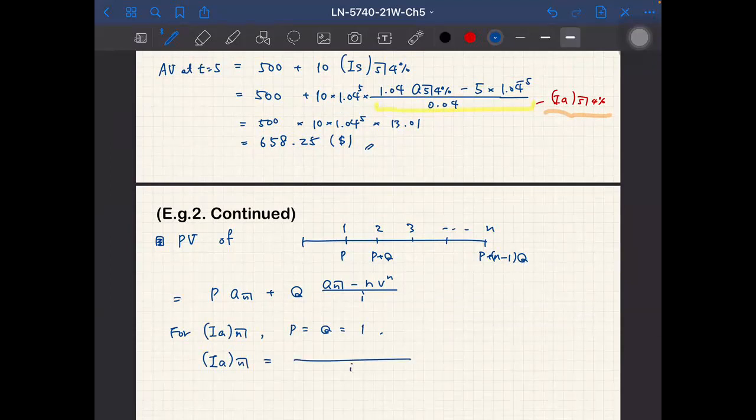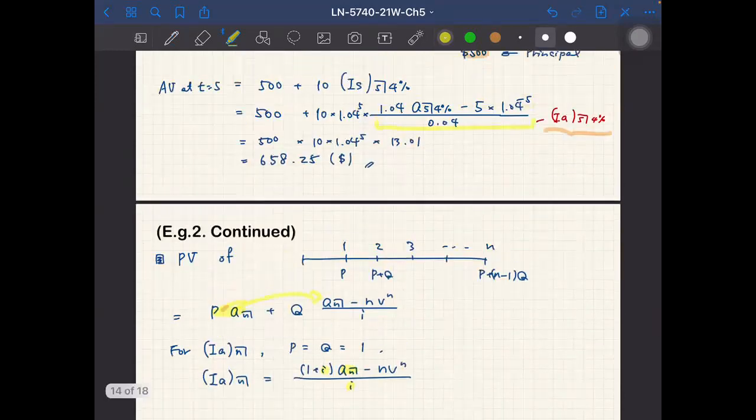So this is the (IA) right angle n. Using this formula, we can get the answer on the previous slide.